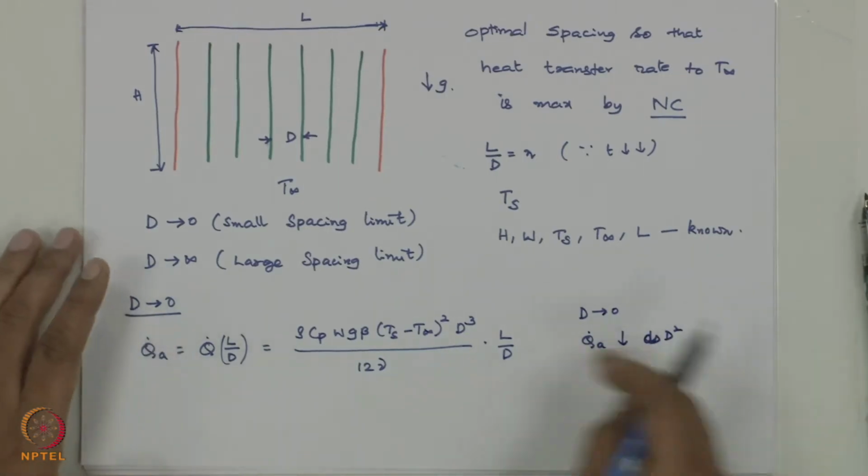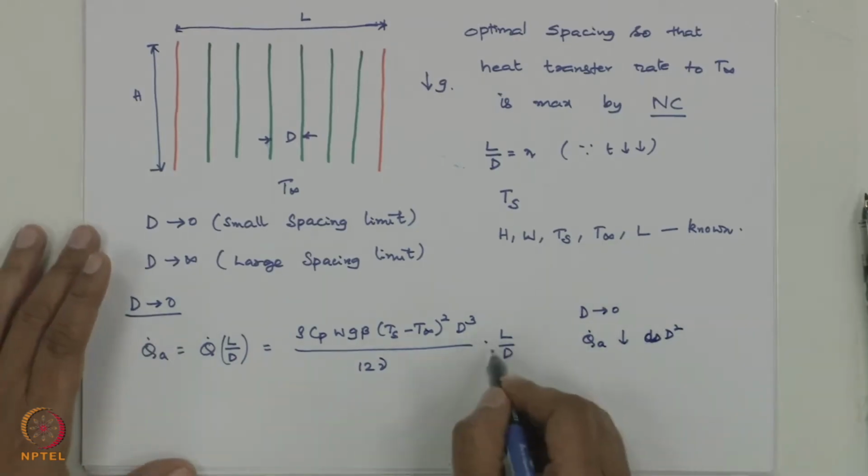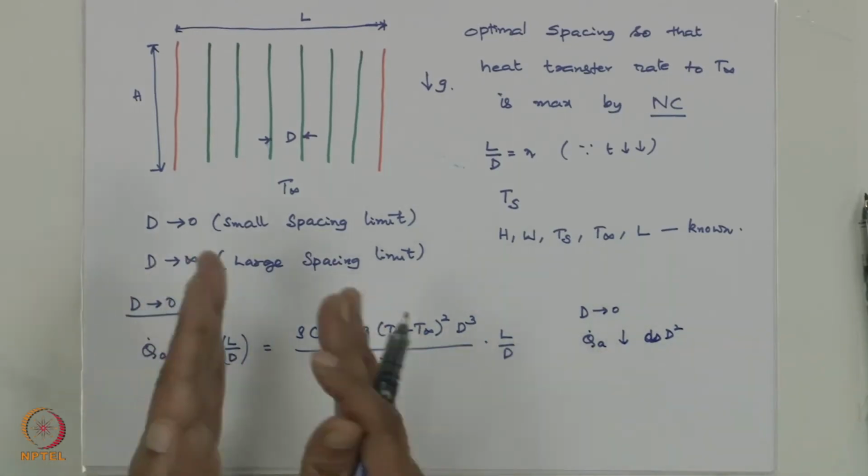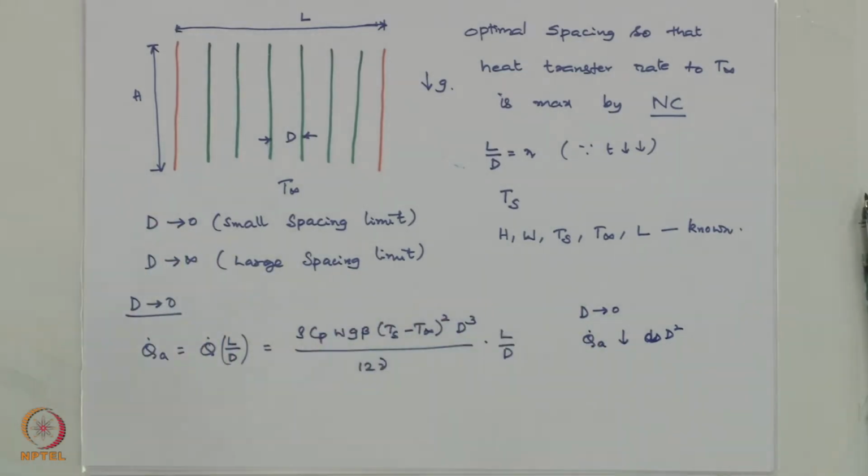As D is going on decreasing, Q dot A also goes on decreasing, because I want to bring the plates as close as possible.